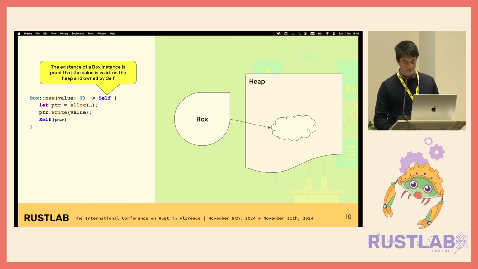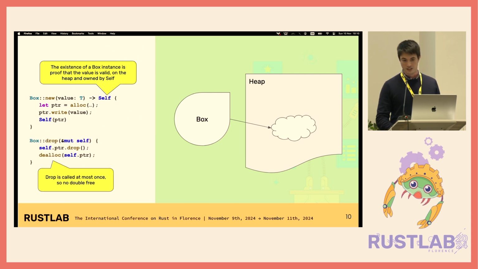When we construct the box, it allocates memory on the heap, puts fully constructed, fully valid data in that memory location, and you get the box back. So while you hold the box, you know that the data is fine, the memory is fine, and you take the responsibility for cleaning everything up.